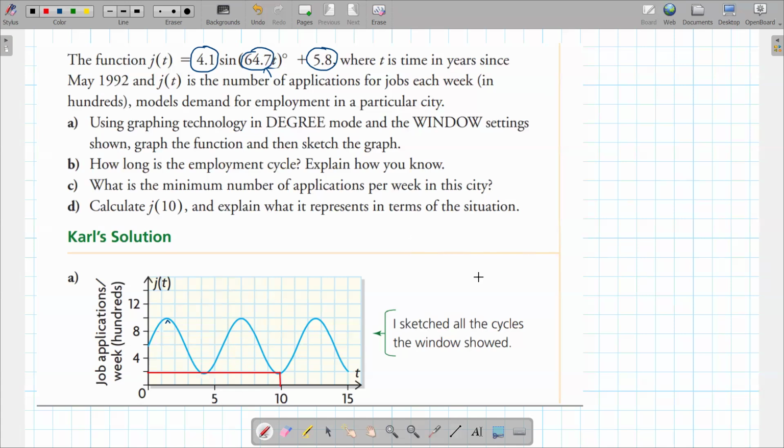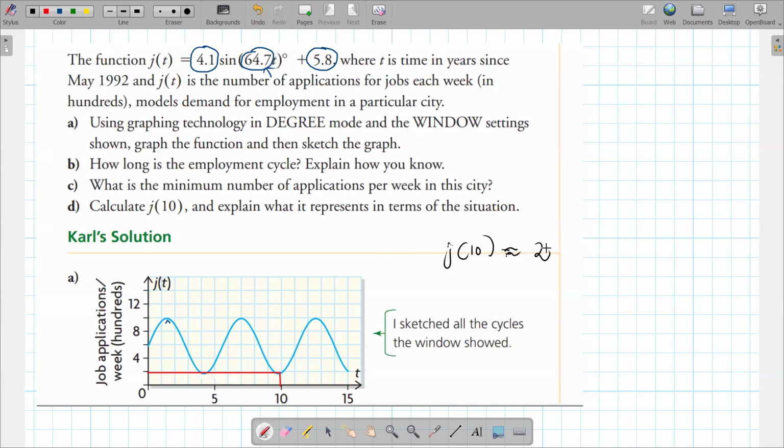So graphically, I'm feeling lazy, so I'm going to say J of 10 graphically is approximately 2. It's probably 1.99 or whatever. But because it's talking about job applications, it's perfectly fine if you round it up because it's a discrete variable. You can't really have negative or decimal number of job interviews. So you can say, on average, there were 2. And that's the answer to part D.